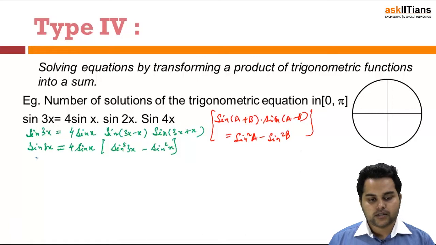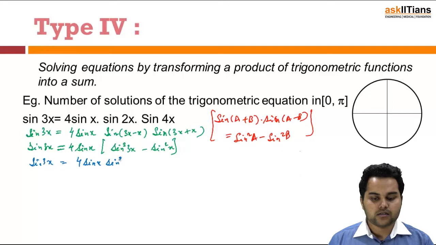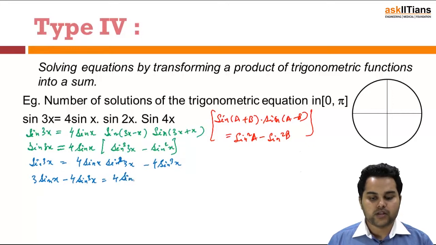So next part, sin 3x is equal to 4 sin x sine square of 3x minus 4 sine cube x. On the left hand side, sine 3x can be written as 3 sine x minus 4 sine cube x, that's an identity for sine 3x, is equal to 4 sine x sine square 3x minus 4 sine cube x.